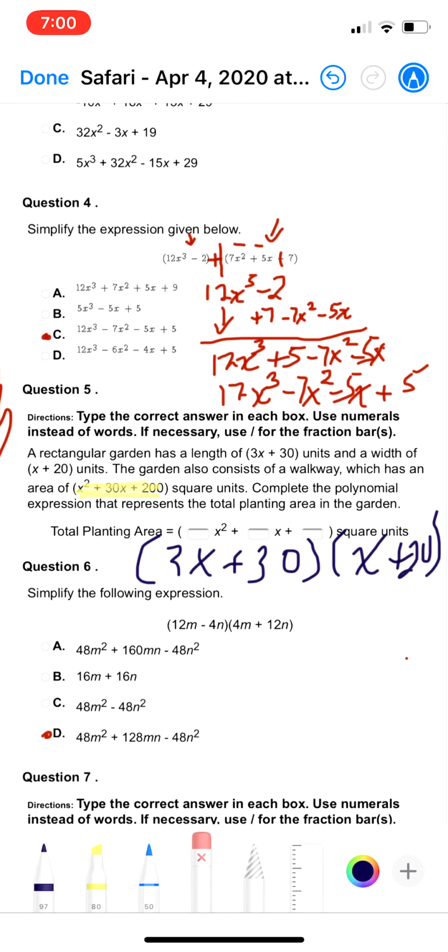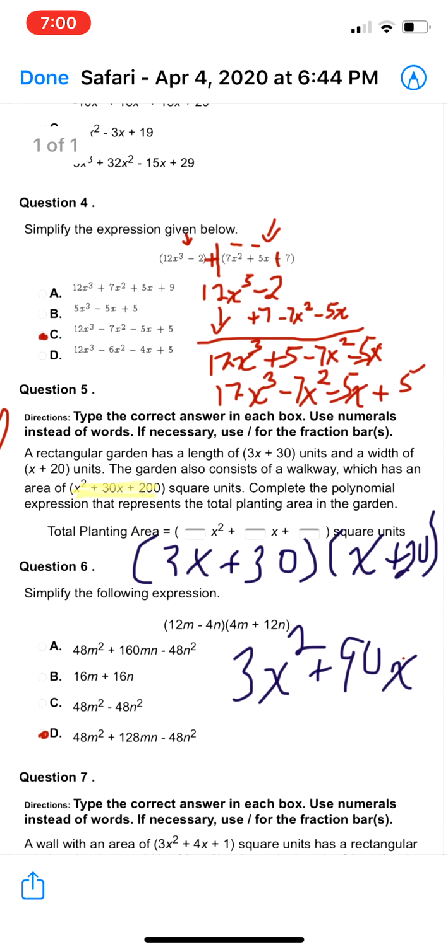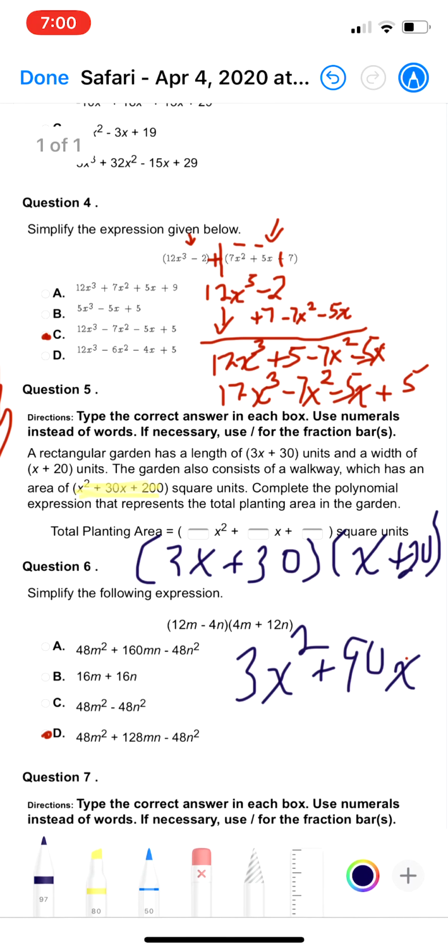You will get 3x squared, outside is 60x, inside is 30x, and 60 plus 30 is 90x. And then your last, 30 times 20, you should get 600.